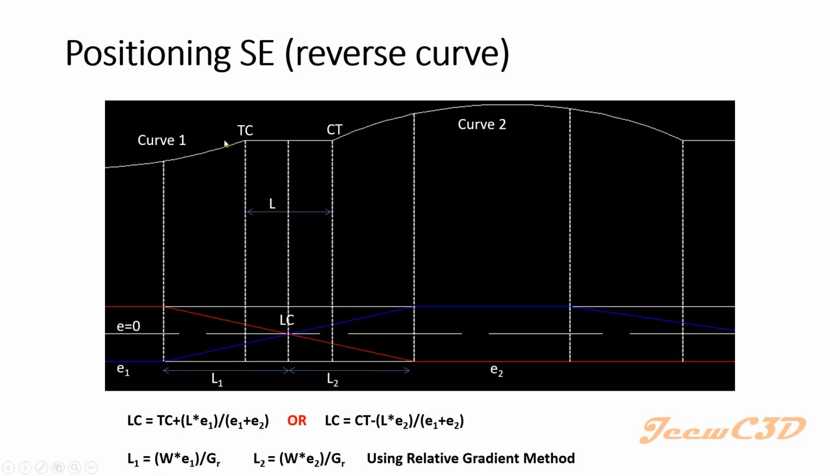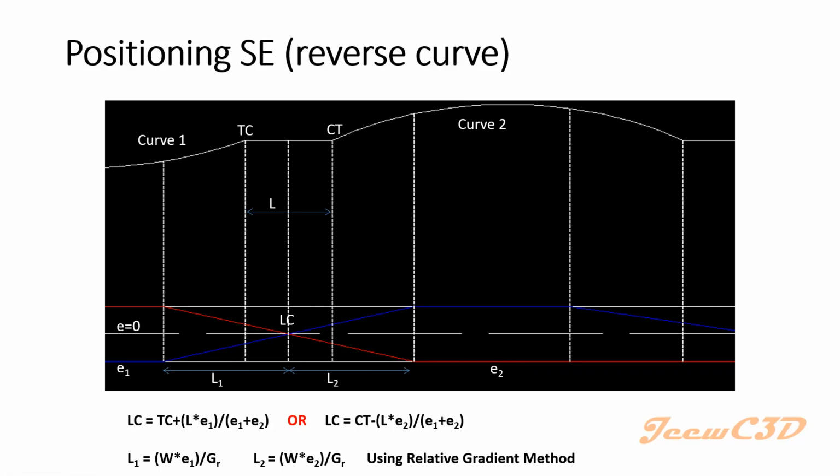This is an anti-clockwise direction curve. So your right side would be at a plus superelevation, left side would be at a minus superelevation. Then on the other curve, it is a clockwise curve, your left side is at a plus superelevation, and the right side would be at a minus superelevation.